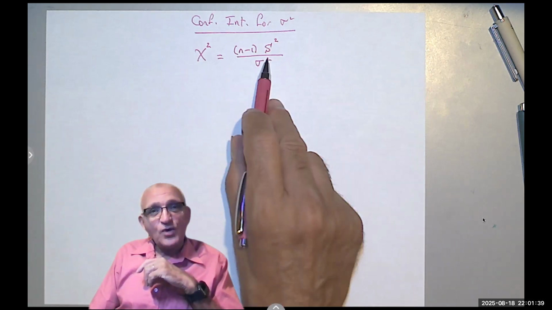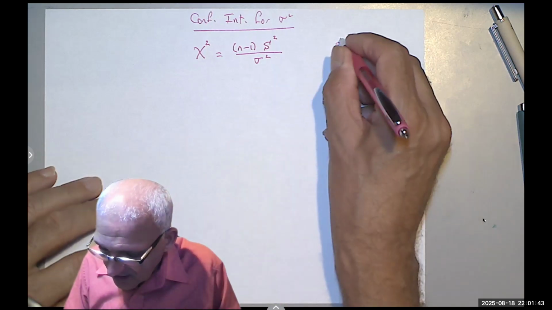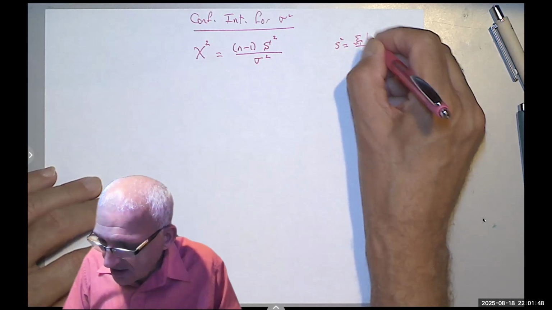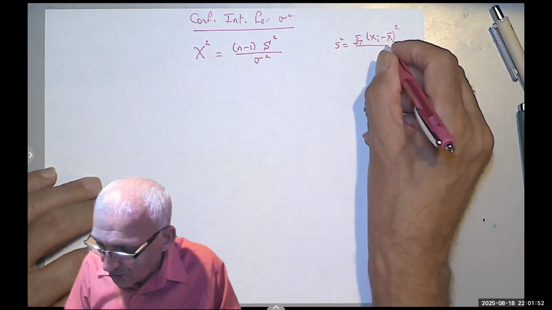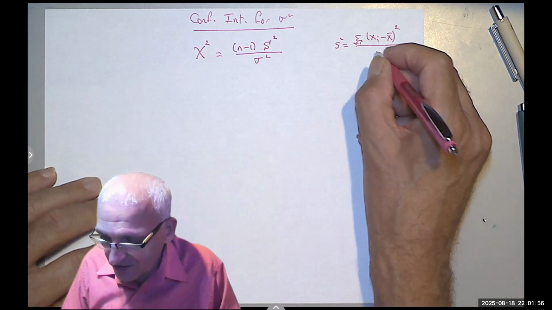Notice that S square, remember S square was the summation for all possible values of i of x sub i minus x bar square over n minus 1, the degrees of freedom.